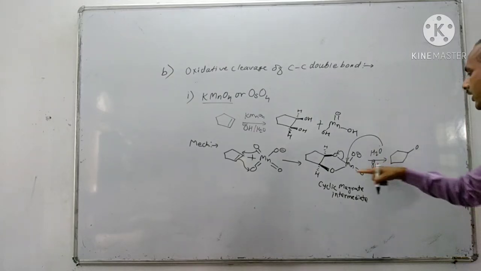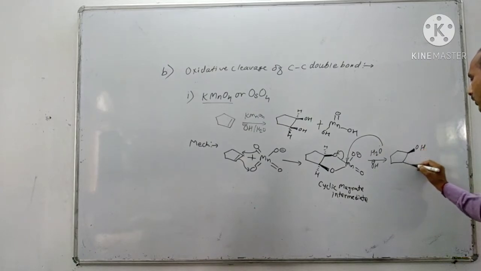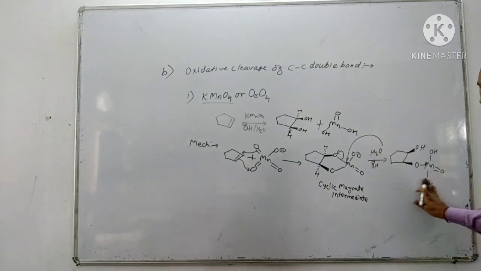O minus, then protonation again from water to form the OH, O Mn OH double bond O, and there is H2O, OH2, there is plus.